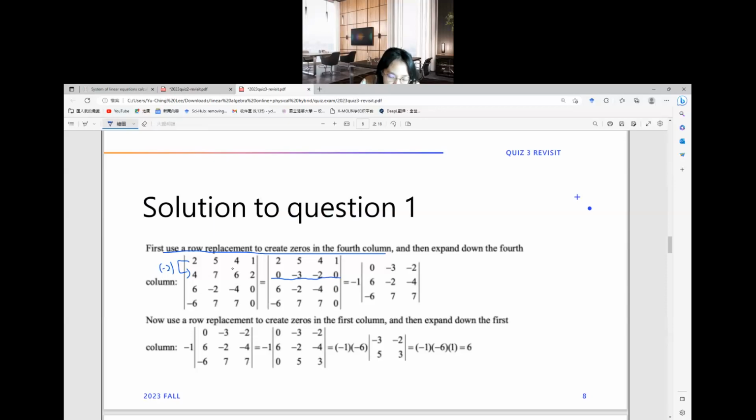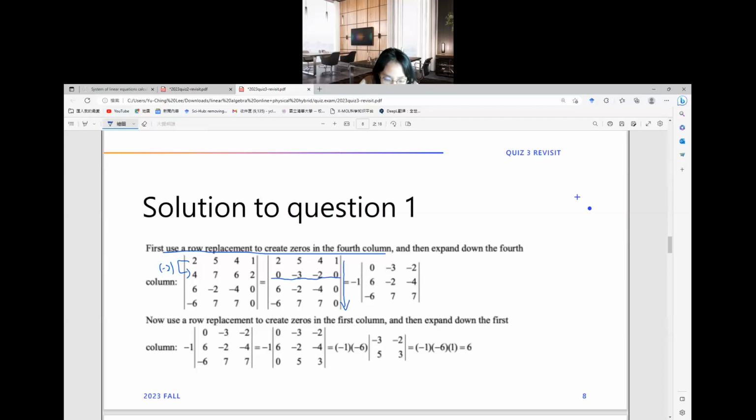Then I can do a cofactor expansion along this direction. So what are the signs corresponding to this cofactor expansion?